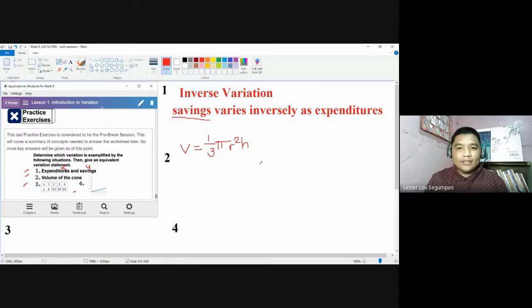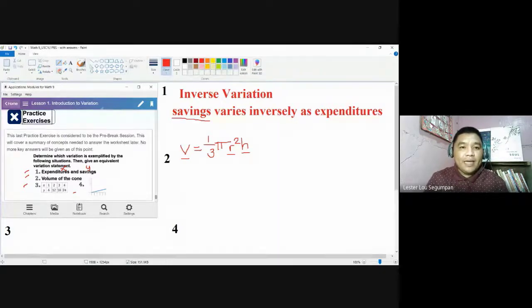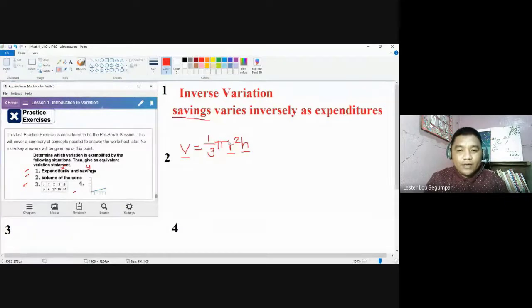When you look at this, you might notice that there are plenty of variables that will predict the volume of the cone. Those are r, h, and v. Pi here is not a variable because it is a constant, approximately 3.14, but not exactly. So pi, together with 1/3, can be your constant of proportionality for the volume of the cone.